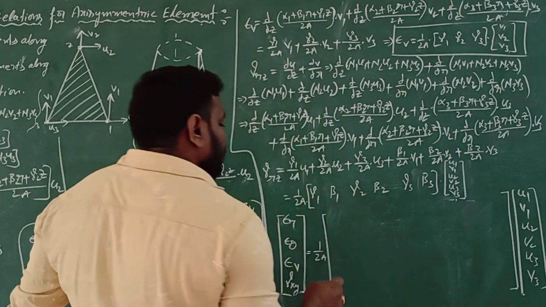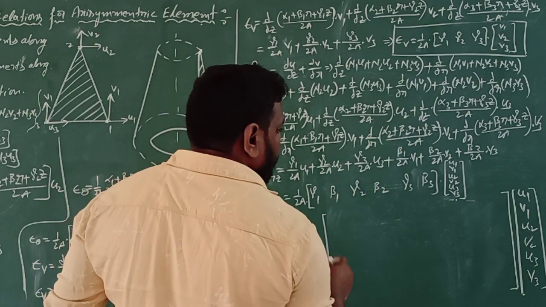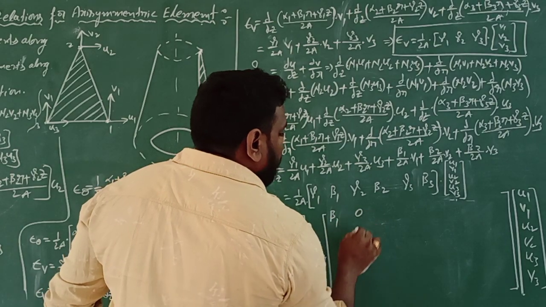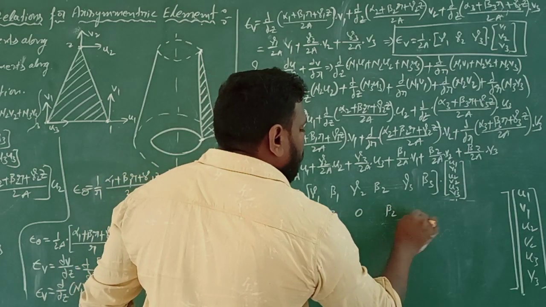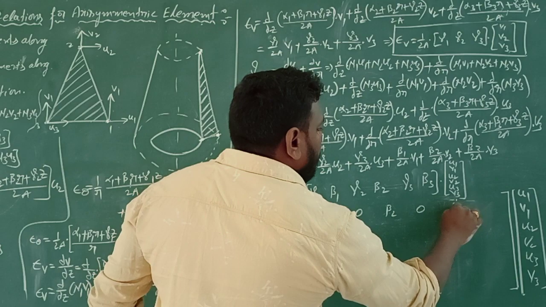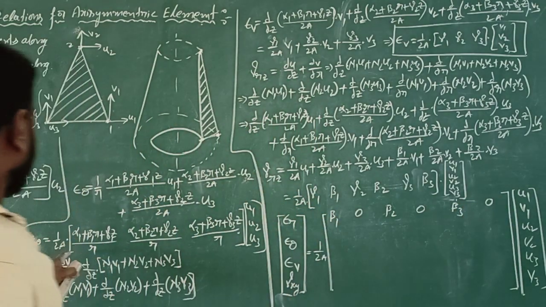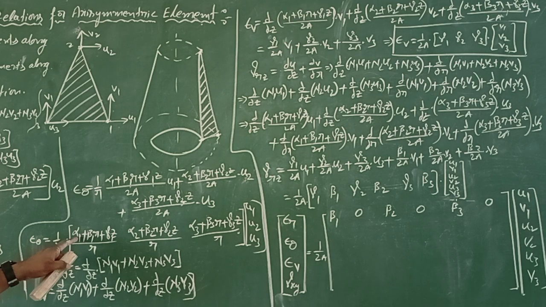So first equation: beta 1, beta 2, beta 3 with respect to u1 and u2, that is beta 1, 0, beta 2, 0, beta 3, 0.